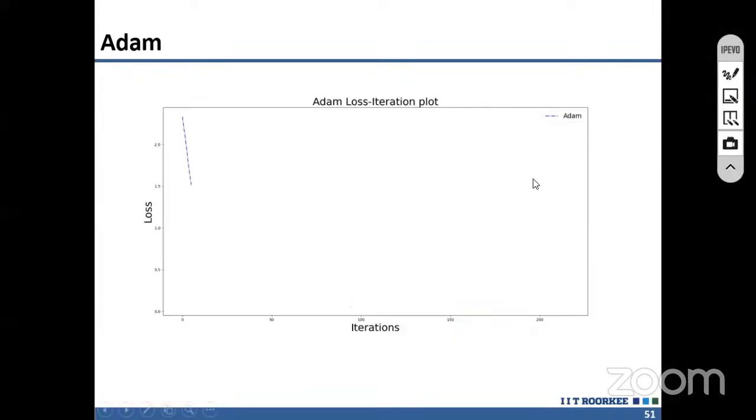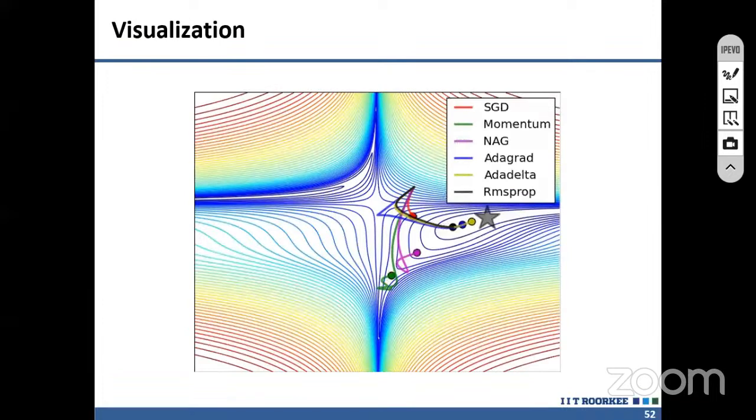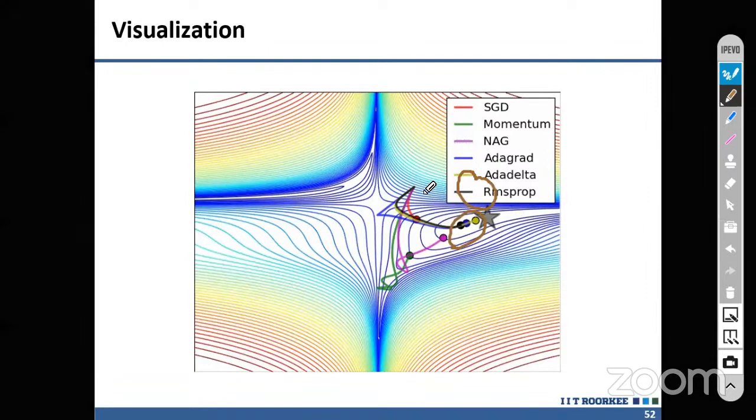We are going to show some visualizations. Here, for example, you see that all of these start from here. This is the contour surface. All these techniques start from here, and this is the solution. Which one comes faster?